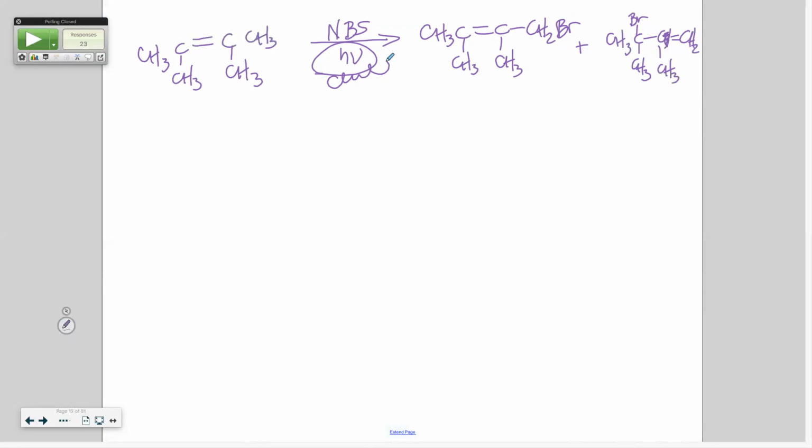All right, so what were the steps in our free radical chain reaction? What was step 1? Initiation. We're going to take our Br2, and what are we going to do? This will be good review for the test since we're doing a mechanism very similar to that.